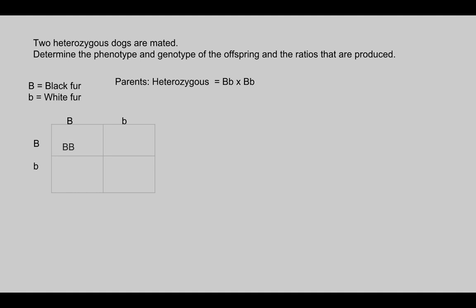First square, capital B, capital B. Second square, capital B, small b. Third square, the same, capital B, small b. And again, it doesn't matter what order you write the alleles down, small b, capital B, same result.